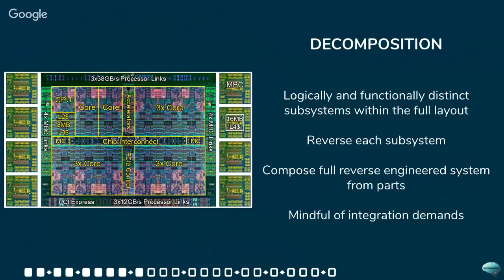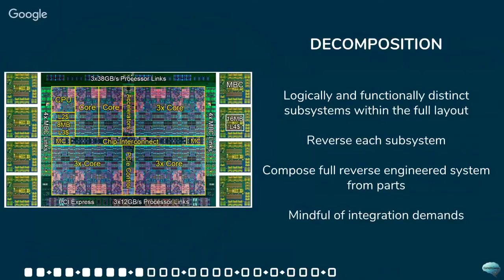In fact, if you paid attention to what Alicia was showing us, Ken Sharif will go in and try to identify different parts of the layout that appear to represent functionally distinct pieces before he tries to carry out any sort of reverse engineering. Then he attempts to reverse engineer each one of those, and having done that, he composes the full reverse engineered system from all of the separate parts.